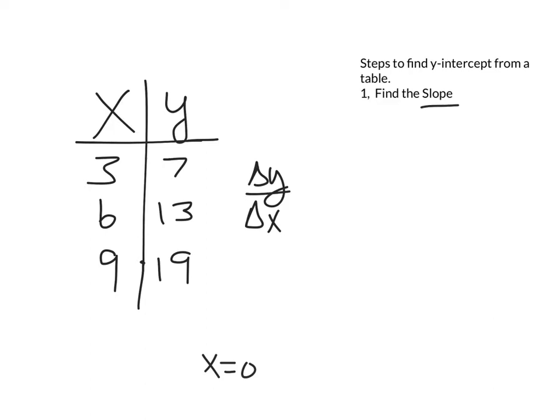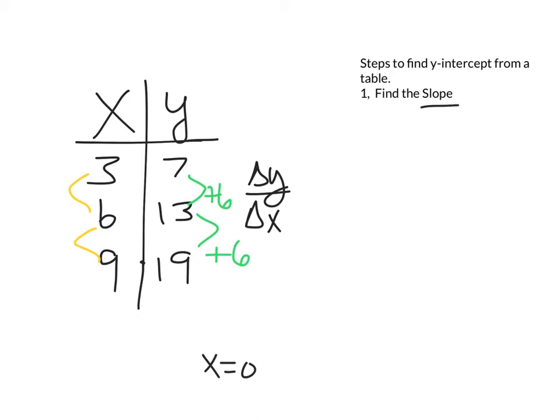Okay. So when I look at delta y over delta x, I want to know, how much are my y's increasing or decreasing? How much are my x's increasing or decreasing by? I see that from 7 to 13, that is an increase. 13 to 19, that is an increase. And 7 plus 6 gives me 13. 13 plus 6 gives me 19.